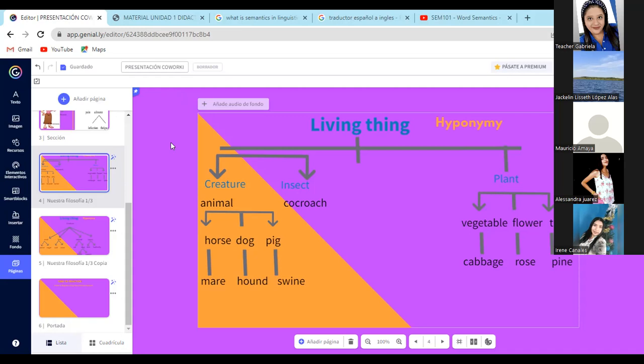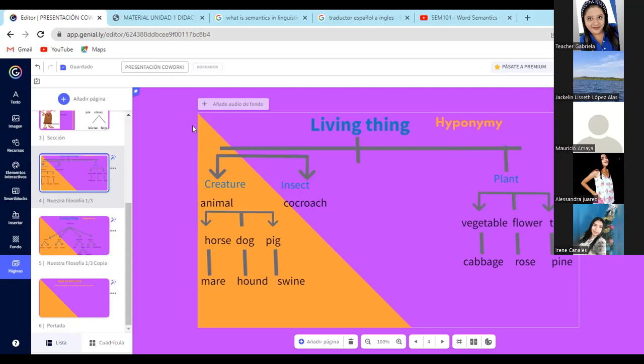And in the case of animal, you didn't add any animal. Yeah, in that part could be insects, and in that part ants. I don't know how. Okay, just that.